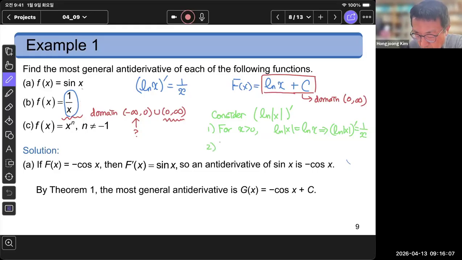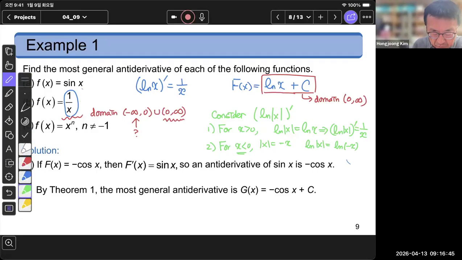However, for negative x, absolute value of x is negative x. So log absolute value of x will be log of negative x. And this doesn't cause any problem because we are considering negative x values. So with the negative sign in front, negative x will be positive. So natural log of negative x is well defined.